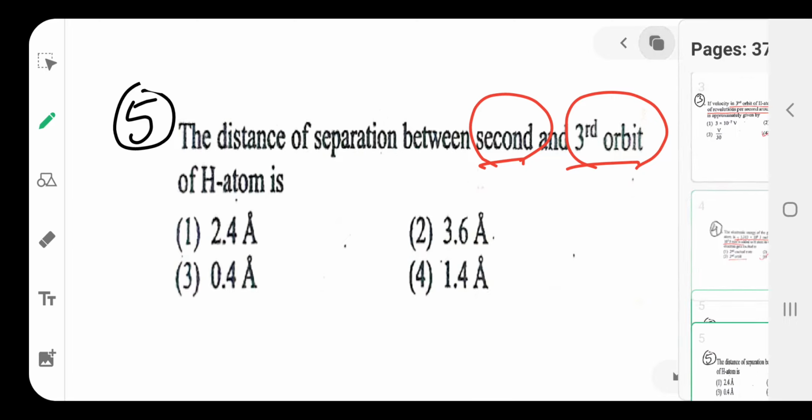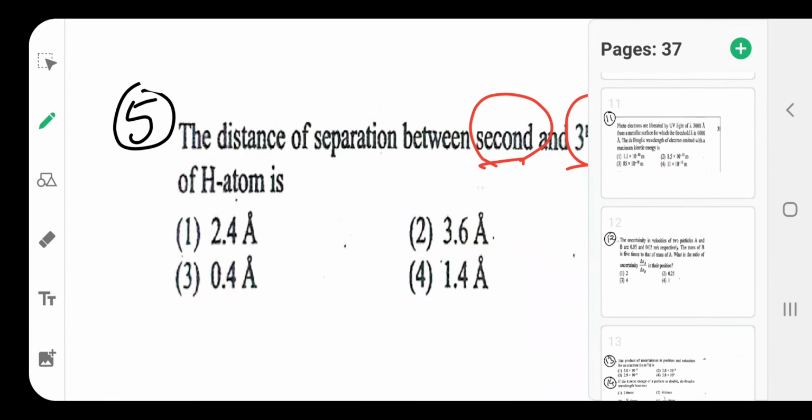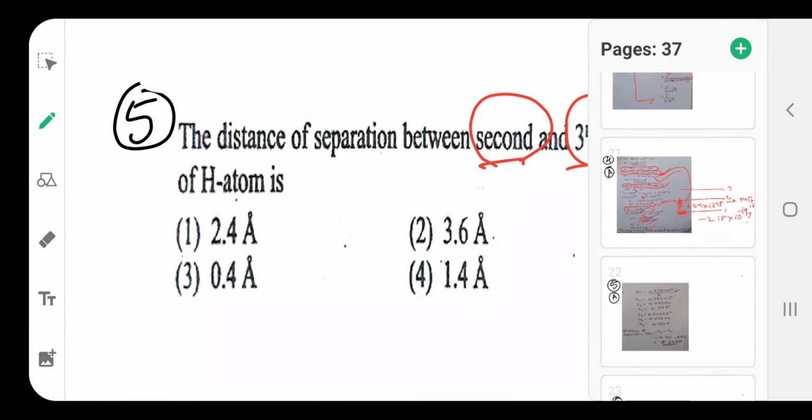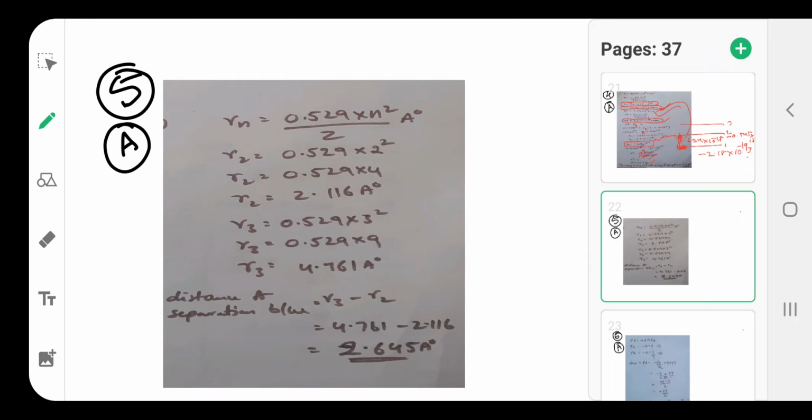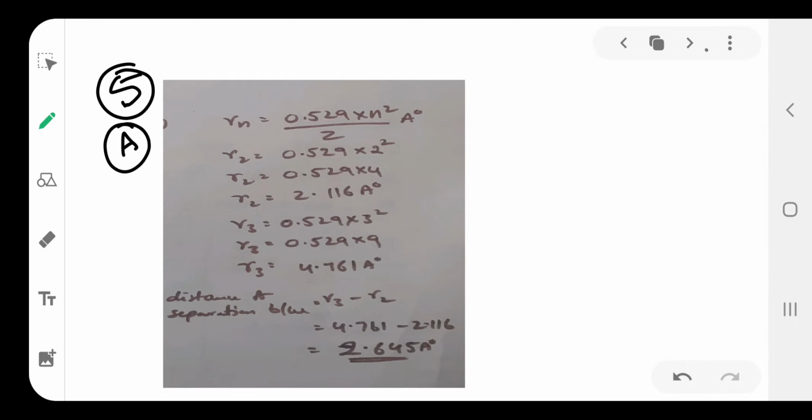See here, this is the radius of orbit formula. The radius of orbit is 0.529 into n square by Z angstrom units. If it is the second orbit, 0.529 into 2 square, means 4, then we get the second orbit radius.